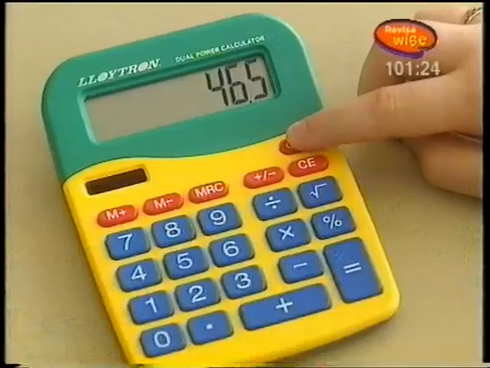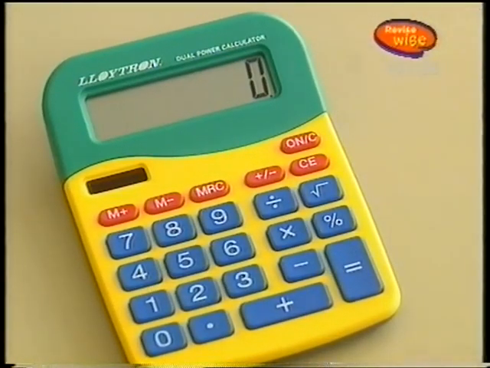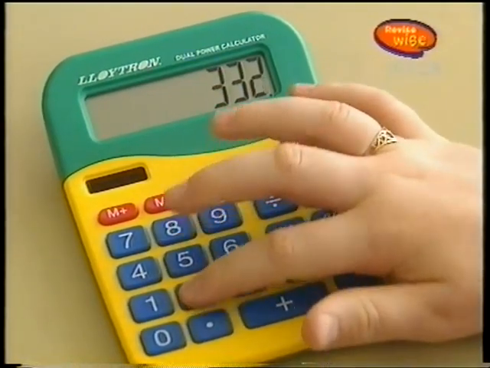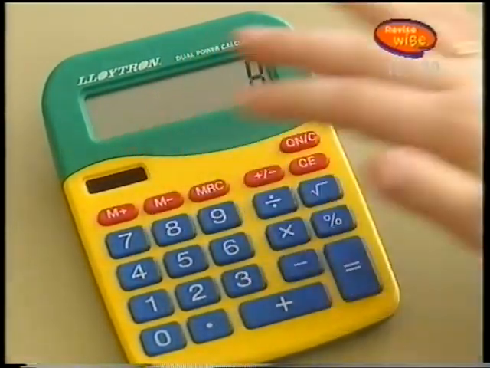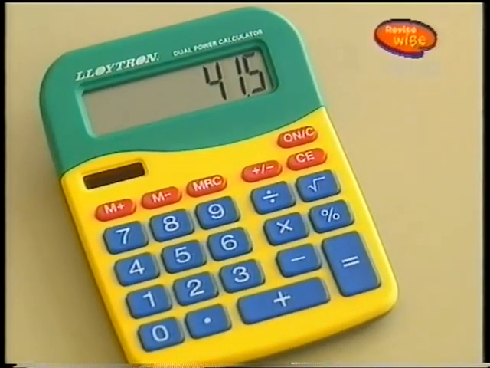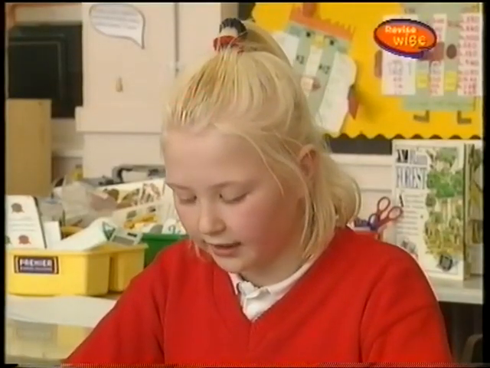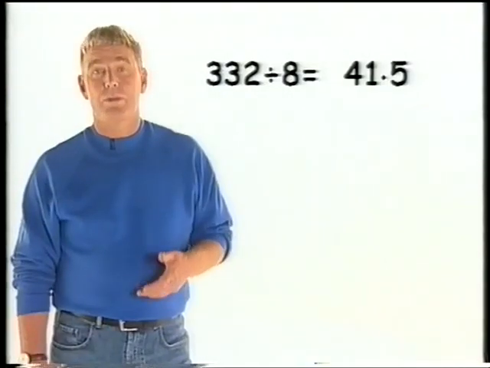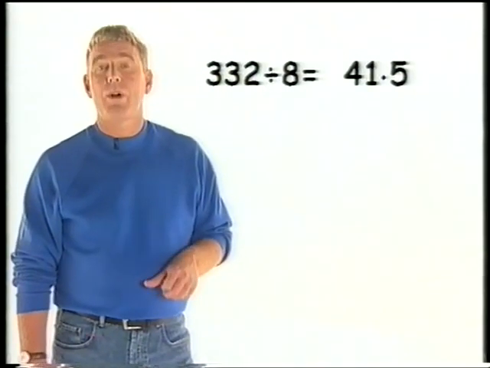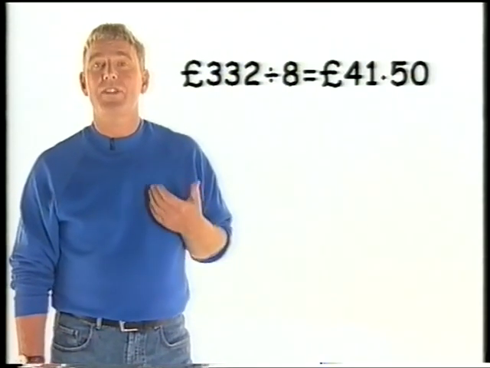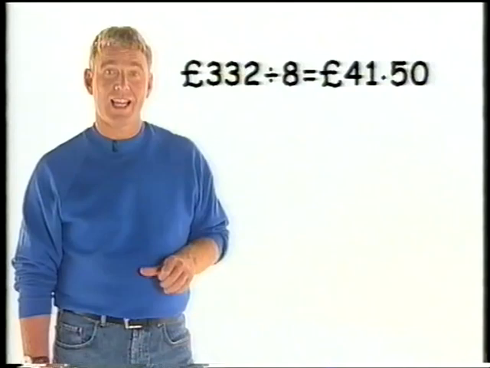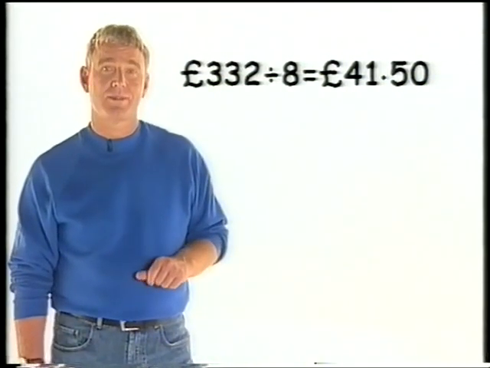Now to make sure my calculator is clear, then I'd have to type in 332 divided by 8 and equals, which is 41.5. But because it's money, I'd have to say it's £41.50. So whatever your calculator gives, when you're doing a money problem, always give the answer to 2 decimal places to get the number of pence right.